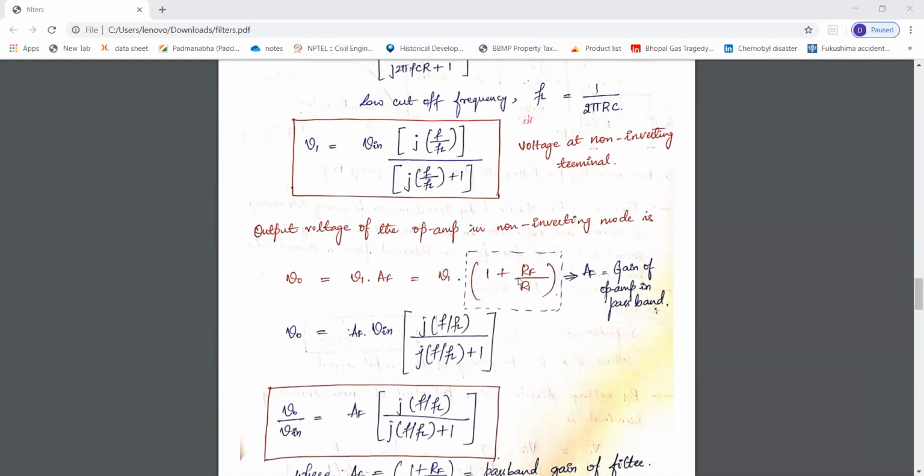Just for your understanding, I have written V0 is equal to AF, substitute for V in.